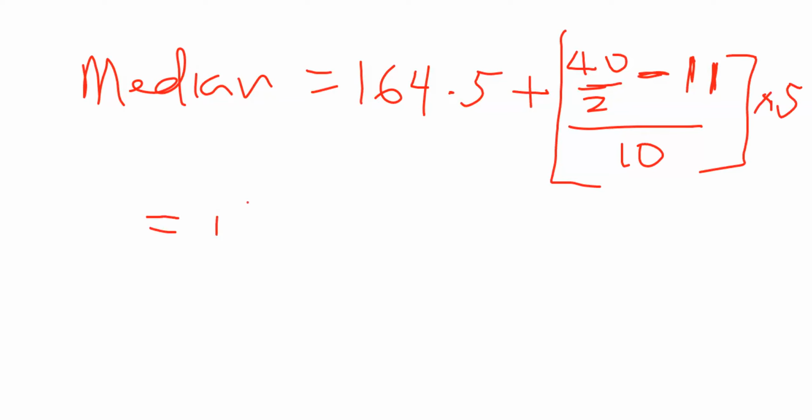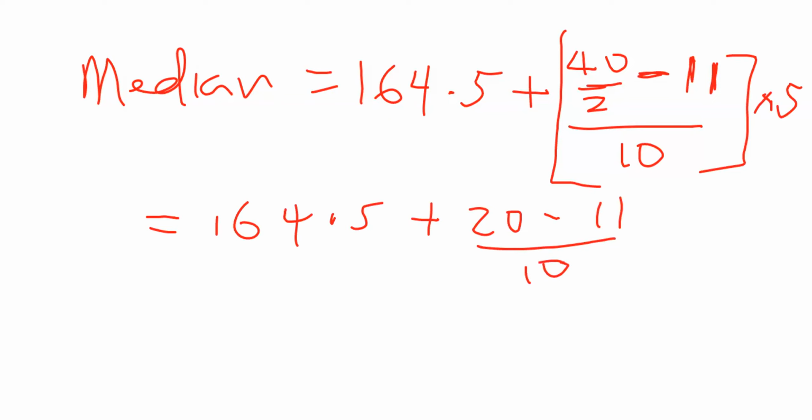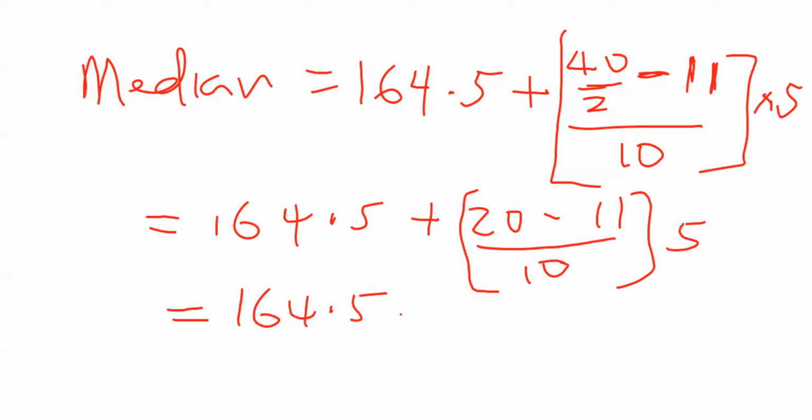So it's going to be 164 plus 5 plus 20 minus 11, all over 10, into 5. So we're having 164.5 plus 9 over 10 times 5. Remember, this will now be 4.5.